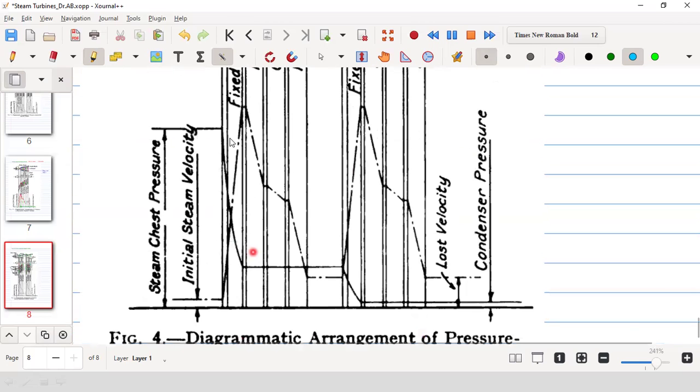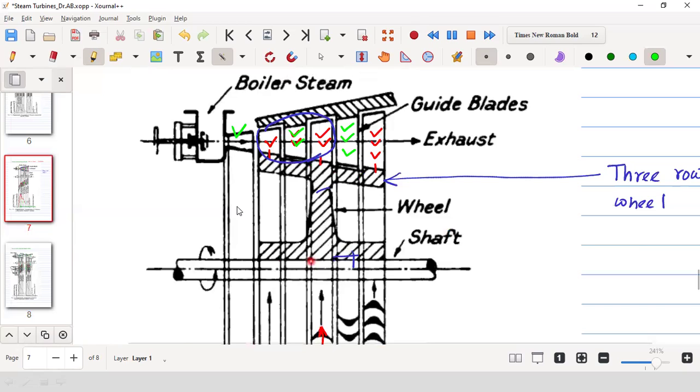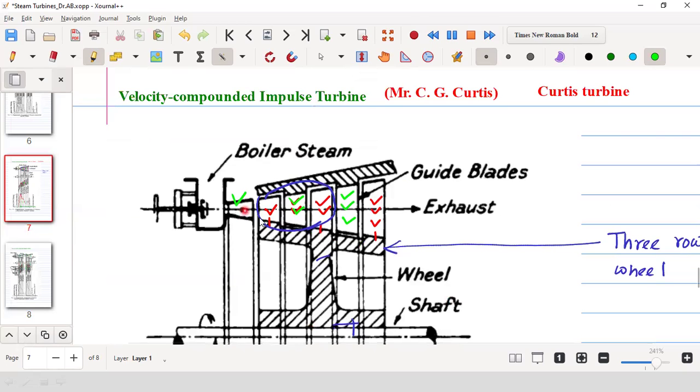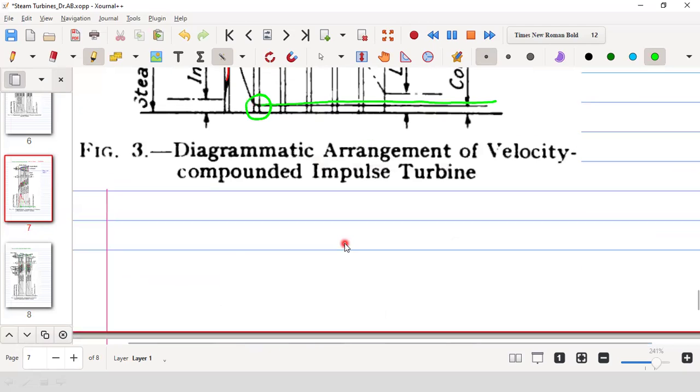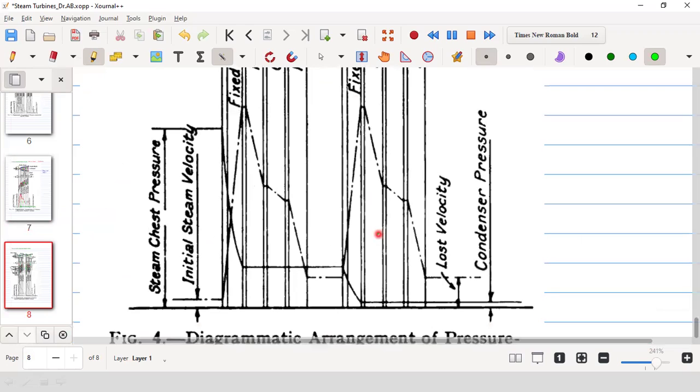Let me show with colors, with marking. What marking we were using: green for the nozzle and the fixed one, and red for the moving ones. Green for the first one. So you see that green, this is the nozzle, first nozzle.